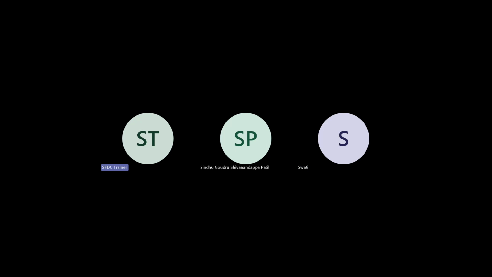It is raining a lot. I don't know the reason, but people are yet to come. How about yesterday? Yesterday there were like five. Okay, Sindhu, just wait the next 5 minutes, then we will start. Yes, Swati. Thank you. No problem.